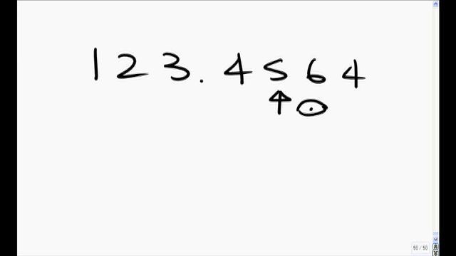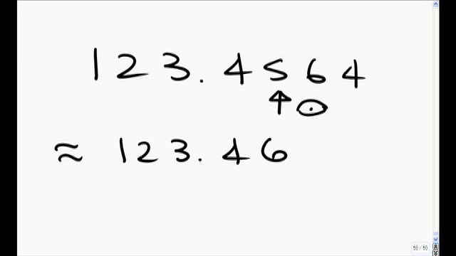In this case, it's a 6. If the digit to the right of the digit in the hundredths position is a 5, 6, 7, 8, or 9, what we do when we approximate the answer is we add 1 to the 5 and make it a 6. This number, 123.46, is approximated to the nearest hundredths position. We simply add 1.